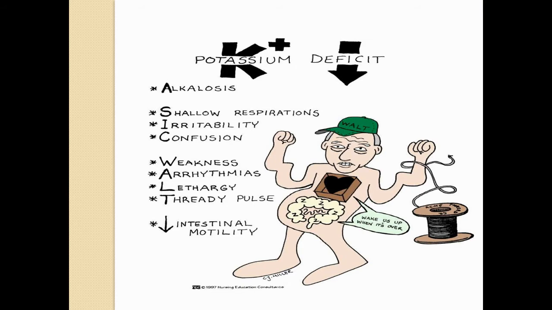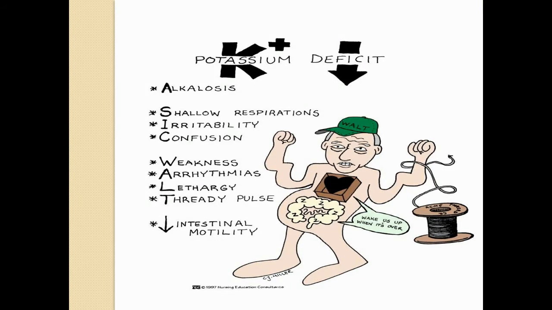Okay, the mnemonic is ASHICWALT. First is alkalosis. Second, the person will be more prone to shallow respirations. Third is irritability, and then the person will have confusion. Then weakness, arrhythmia, lethargy, a thready pulse, and decreased intestinal motility.